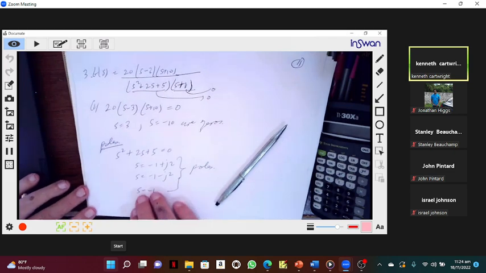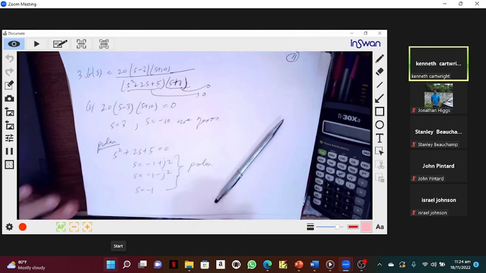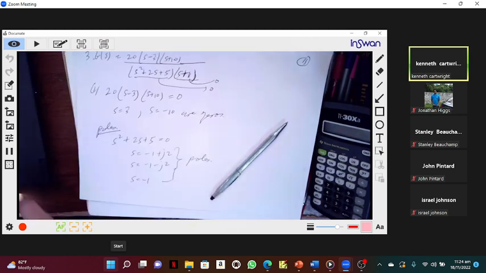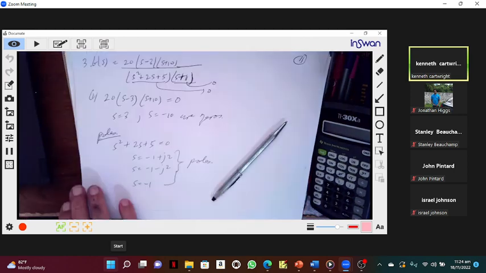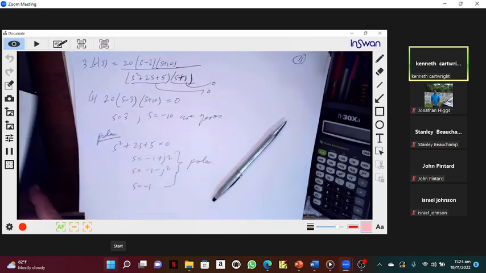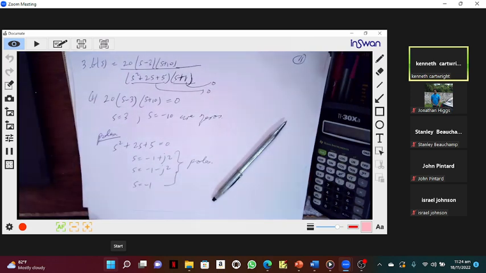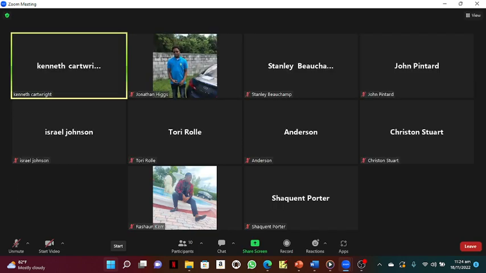All right. We can even do a pole zero diagram in Octave. Let me show you that.